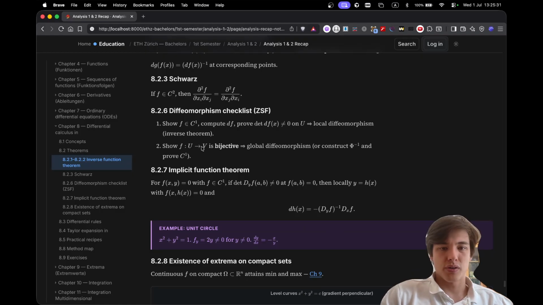We could show that it is bijective, so it's a global diffeomorphism. Construct a vector field inverse. Prove C1.